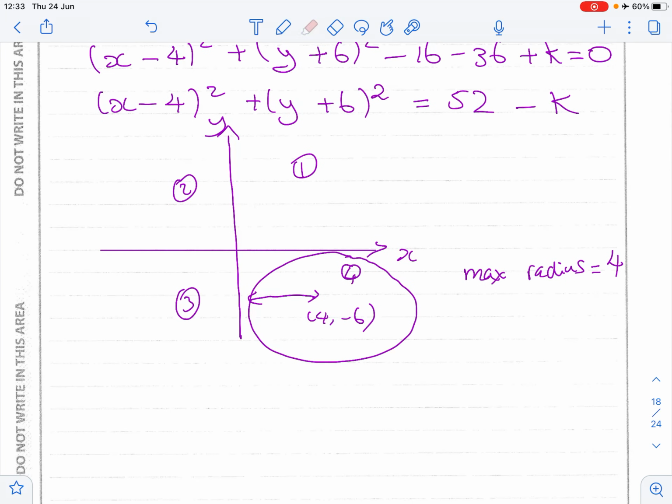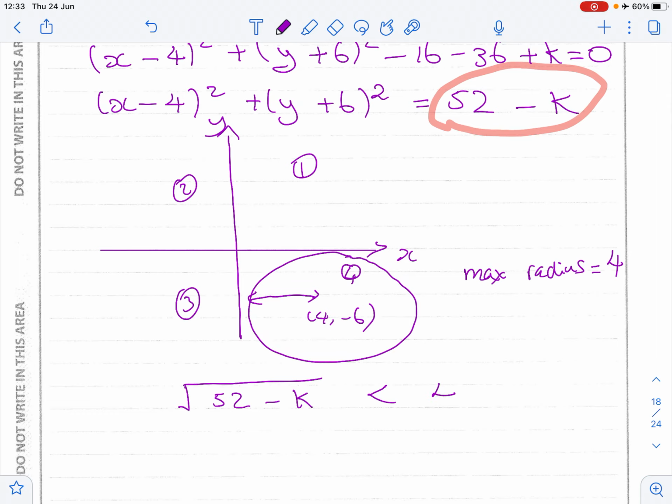So remember, this part of our equation gave us the radius squared. So the square root of 52 minus k must be less than 4. So our radius must be less than 4 to be entirely inside. Therefore, we can find the value for k. So we have 52 minus k is less than 4 squared.